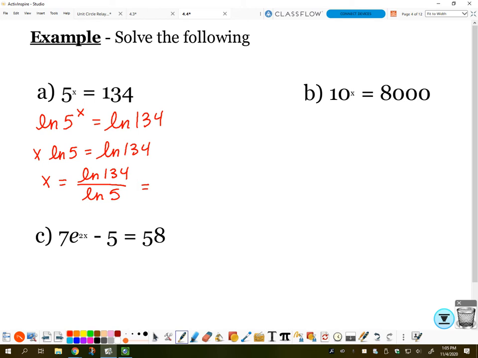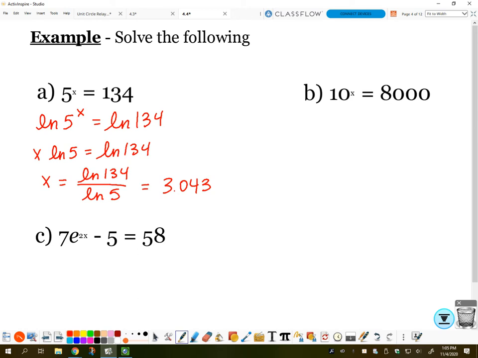So in my calculator, if I do ln of 134 divided by ln of 5, I get 3.043. I like 3 decimal places unless they tell you to round to something else. Just give me 3.